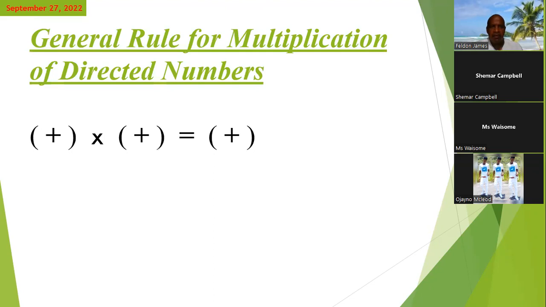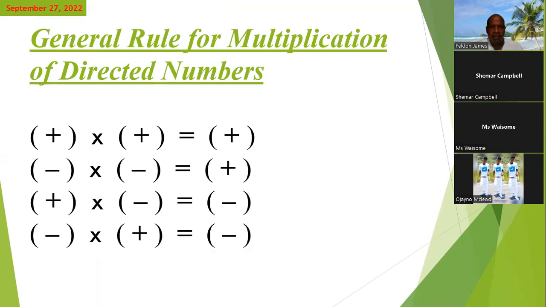Now, multiplication rules, you would have met these already. Multiplying two positives, we get a positive. Multiplying a negative times a negative, we get a positive. Multiplying a positive times a negative, we get a negative. Multiplying a negative times a positive, we get negative.